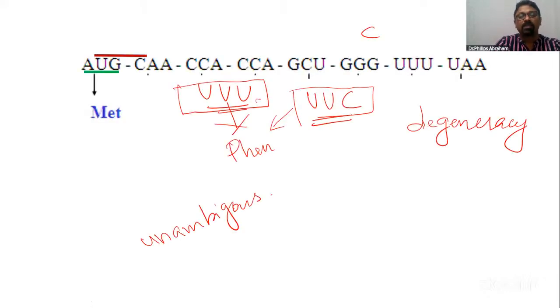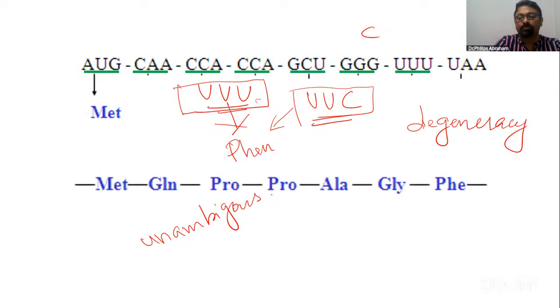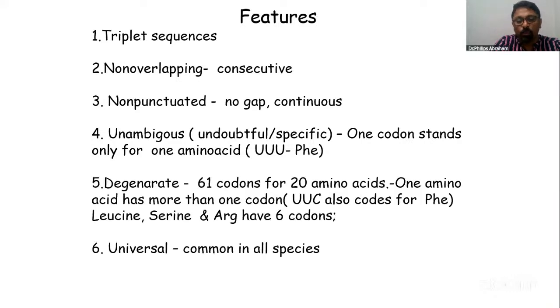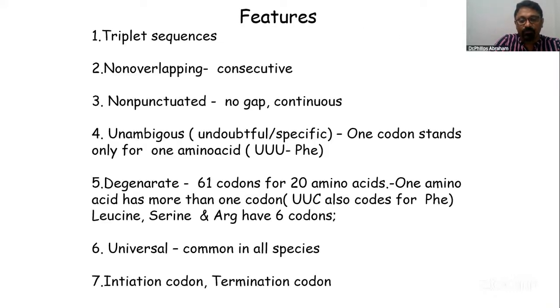Now I'll show the features of it. How many codons are there in total? 64 codons. AUG is the initiation codon. UAA, UAG, UGA are the termination codons. Unambiguous means specific: one codon stands for only one amino acid.